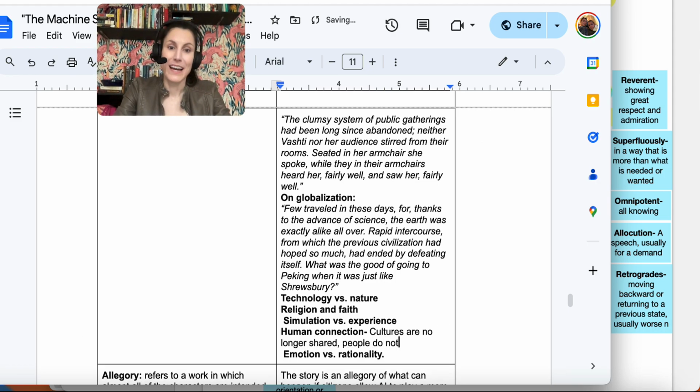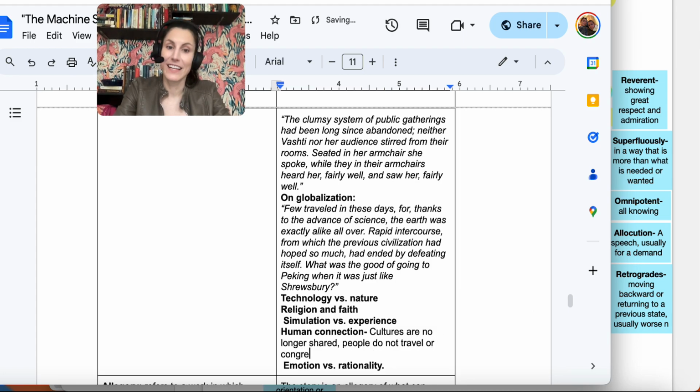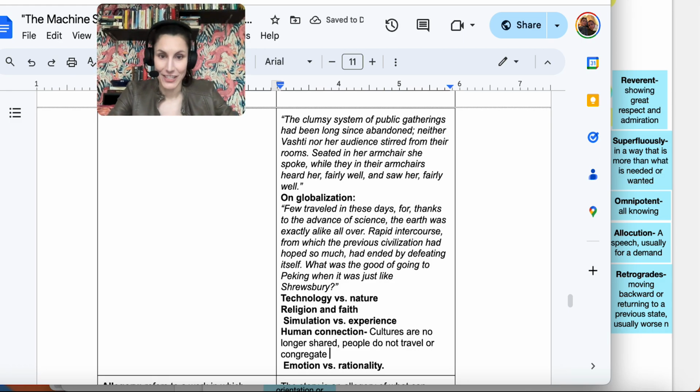People do not travel or congregate, or even visit with each other, right? Like that's this human connection. So for the globalization, we could say, and another part, the homelessness thing, right?